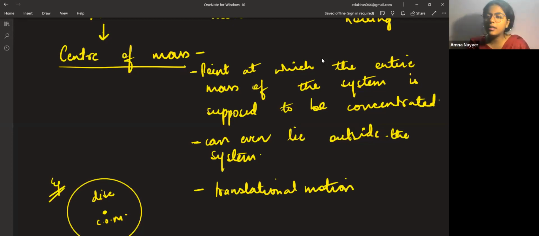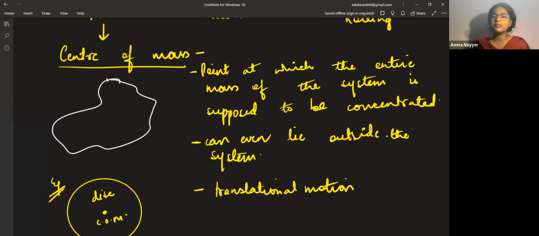It does not mean that it is present exactly at the symmetrical center of the body. If this is a random system, the center of mass can be located here, here at the center, or here. This is a concept of translational motion.